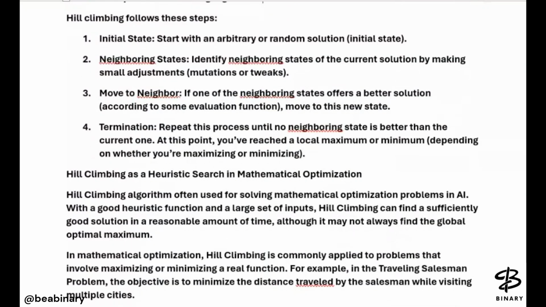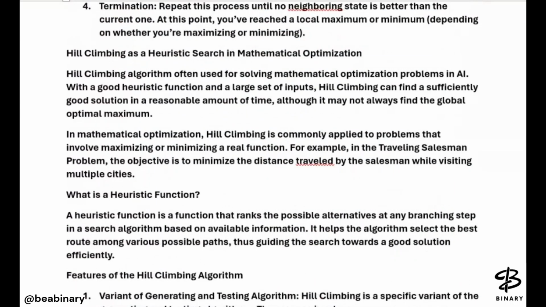So how do we use hill climbing in mathematical optimization? Hill climbing is often used for solving mathematical optimization problems in AI. If a question asks which heuristic search algorithm is used for solving mathematical optimization problems, you use the hill climbing algorithm, with a good heuristic function and a large set of inputs.